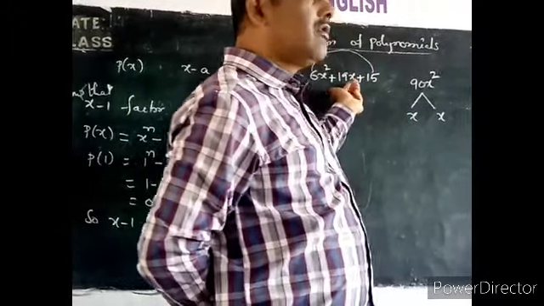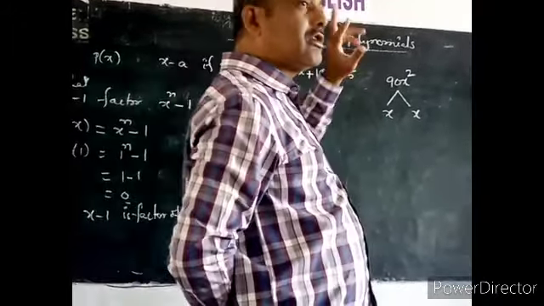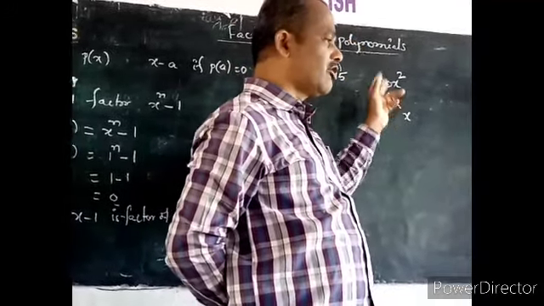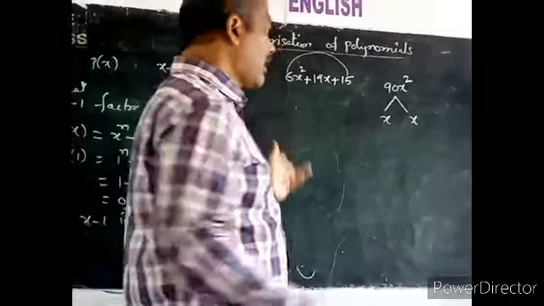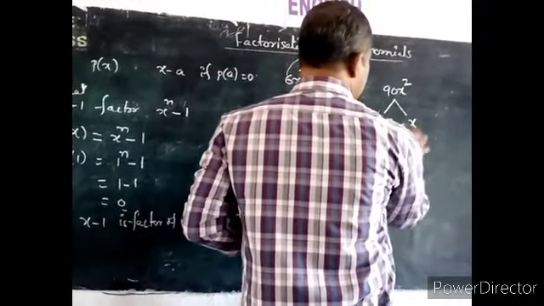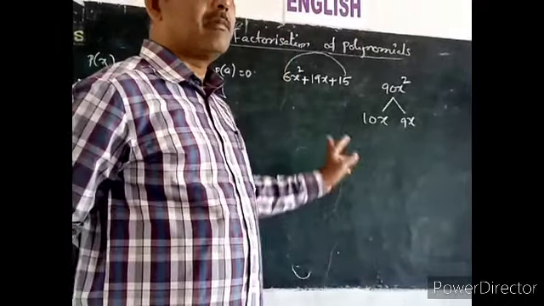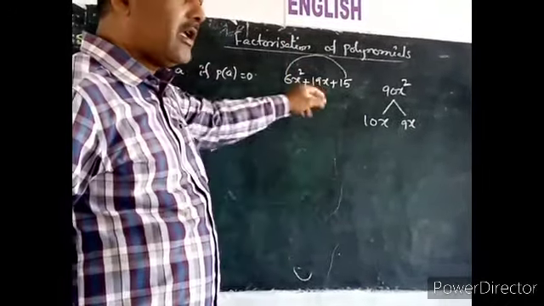So what numbers should you take? 10 and 9 are also factors. So 10x and 9x. 10 plus 9 is 19 only.